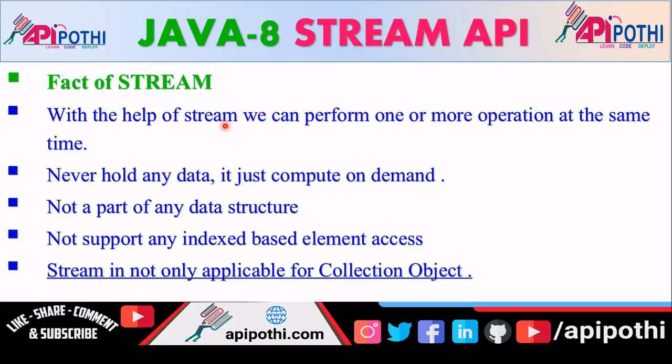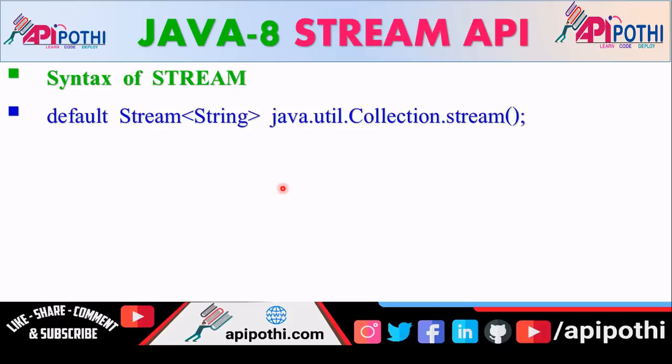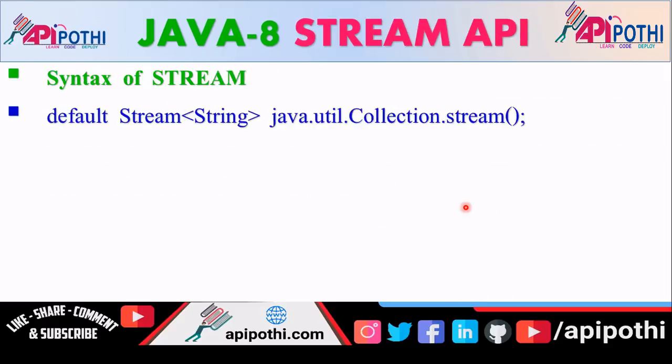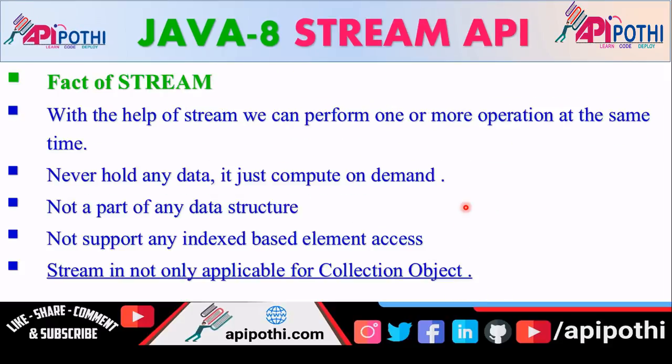Since stream is just processing, it does not hold any data, it just computes on demand. If you see in this figure, it is not holding any data. Whatever data it receives, that same data it redirects to the configuration. Now the configuration will do the business operation, and the same data they will ask the processing to process. So basically Stream API is not holding any data. Since it is not holding, obviously it is not any data structure.